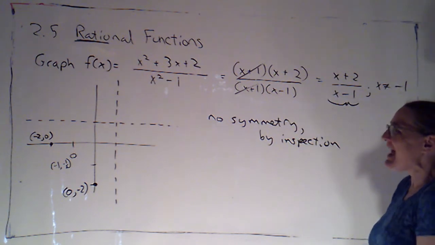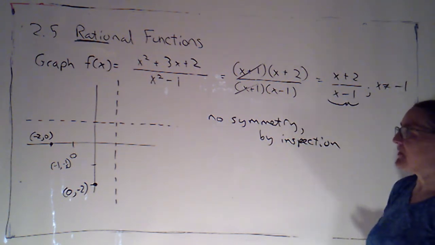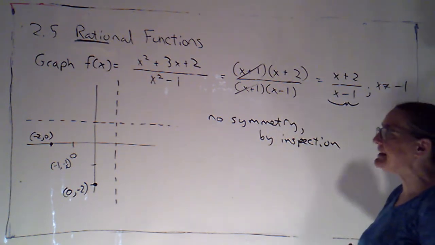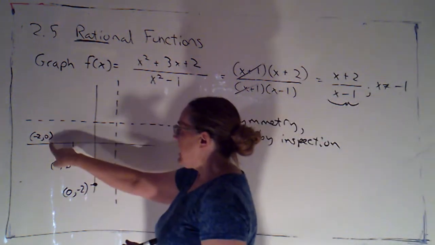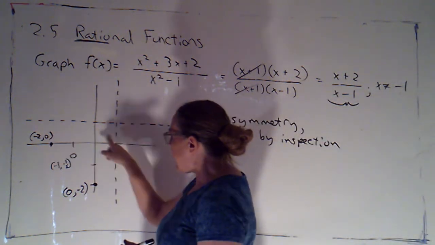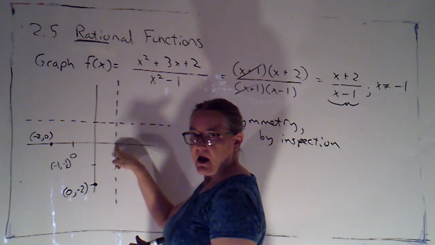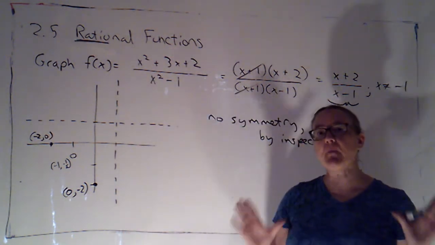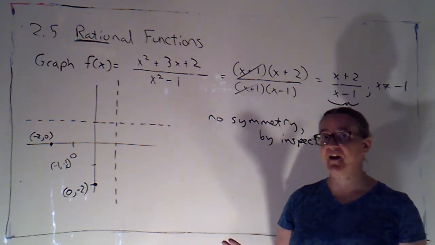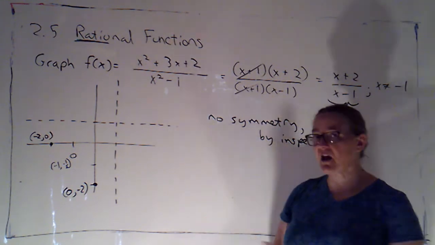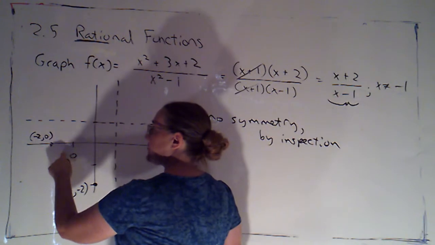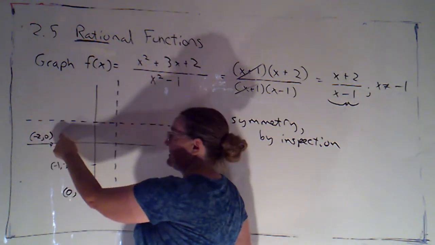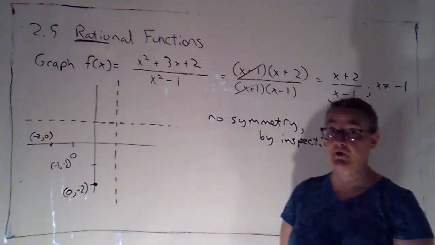Okay. Now, what I need to do is I can basically say here and here are the only places where this function could possibly change sign. Because if we're changing sign, we would either have to pass through the x-axis or jump over it.